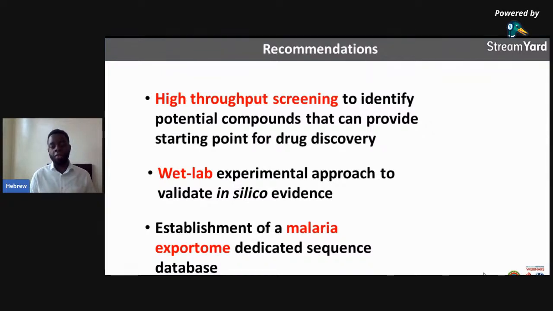Also, since our study was in silico, bioinformatics and some computational biology, it was dry lab. It can then proceed to wet lab so as to validate the in silico evidence.